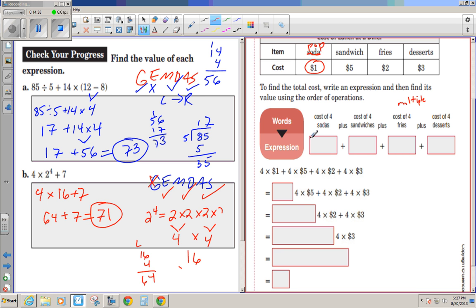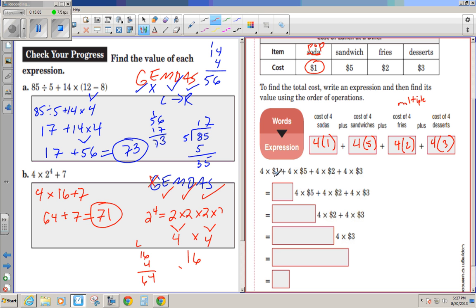You're basically saying that you have 4 sodas times $1 per soda. 4 sandwiches times $5 per sandwich. 4 french fries times $2 per french fry. And 4 desserts times $3 per dessert.